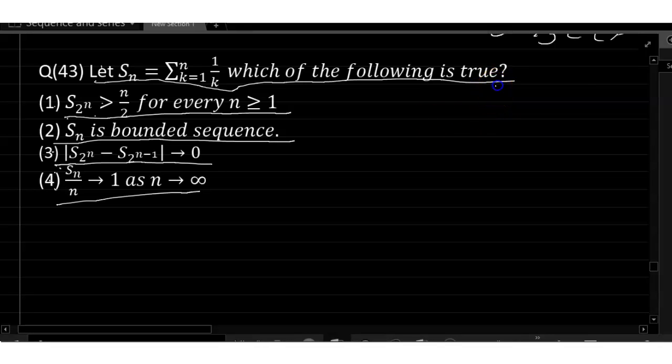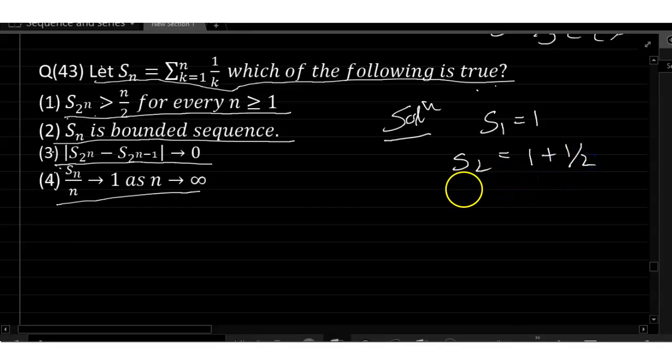So friends, according to the question, whatever we see, solution: S1 equals 1, S2 equals 1 plus 1 by 2, S3 equals 1 plus 1 by 2 plus 1 by 3.